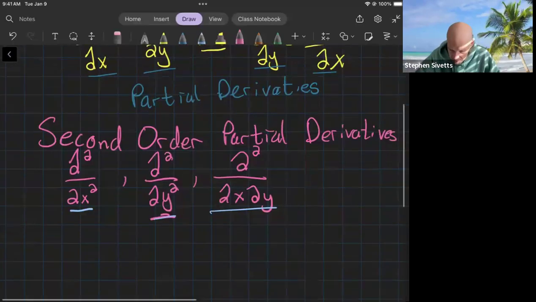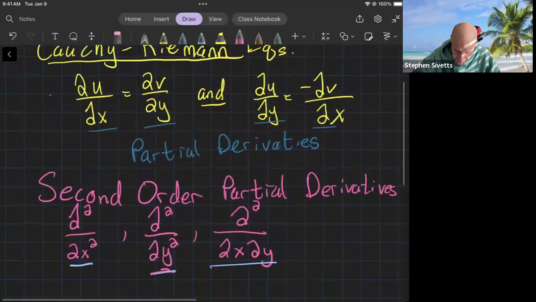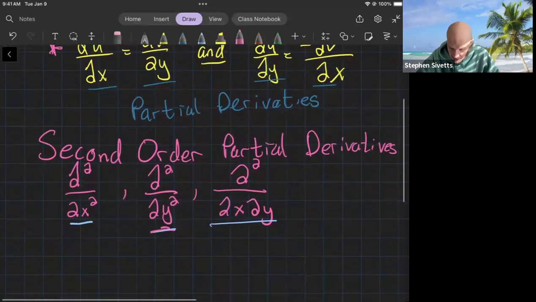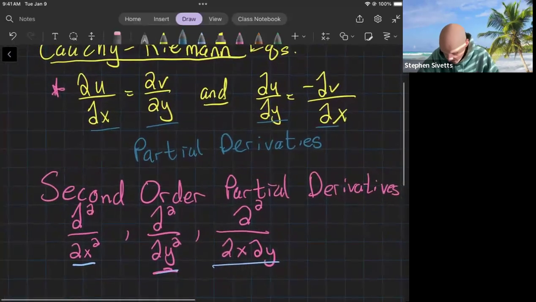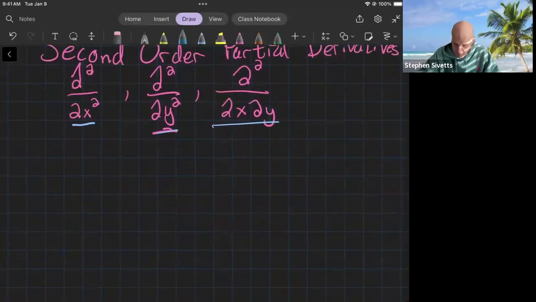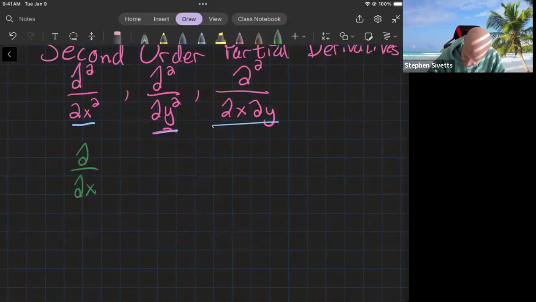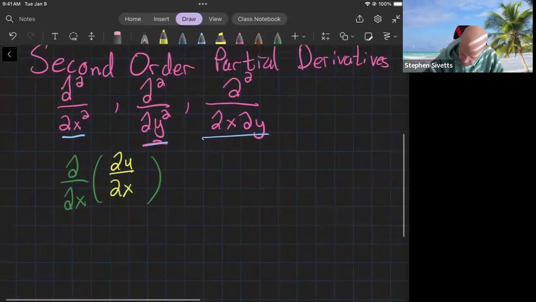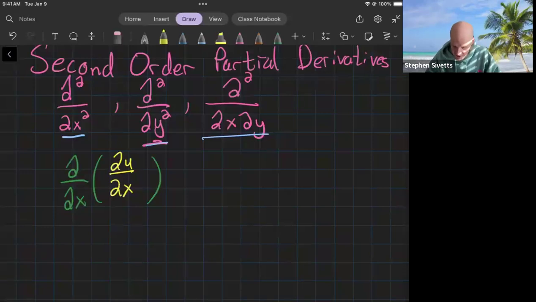So if we just look back at the Cauchy-Riemann equations, we can derive what's called the Laplacian equation. So for example, if I were to take the partial with respect to x of the partial of u with respect to x, well, this is just saying the derivative of the function partial of u with respect to x.